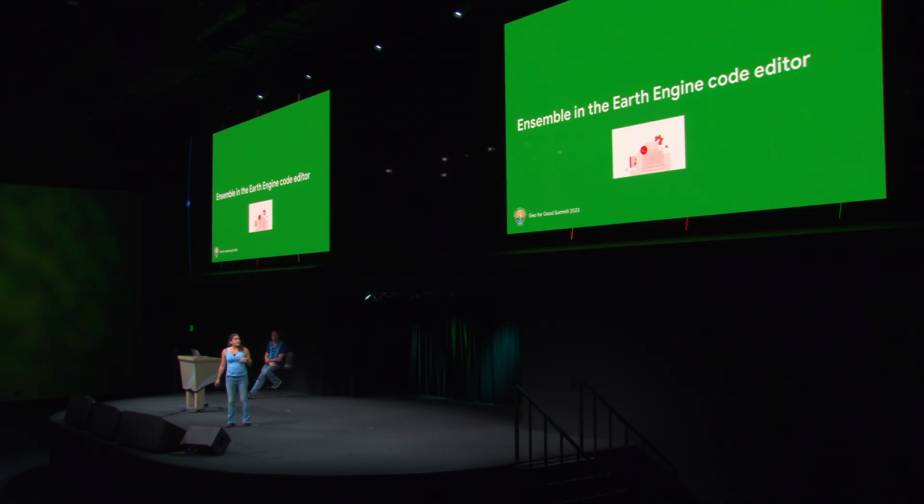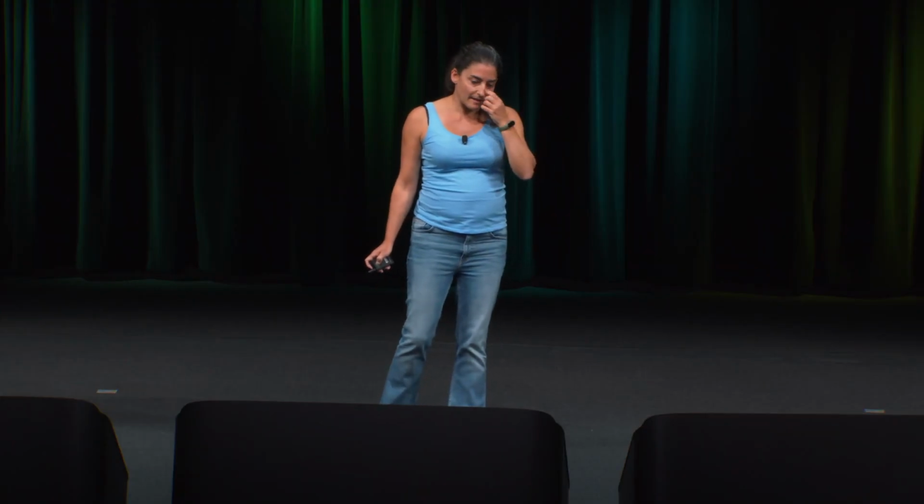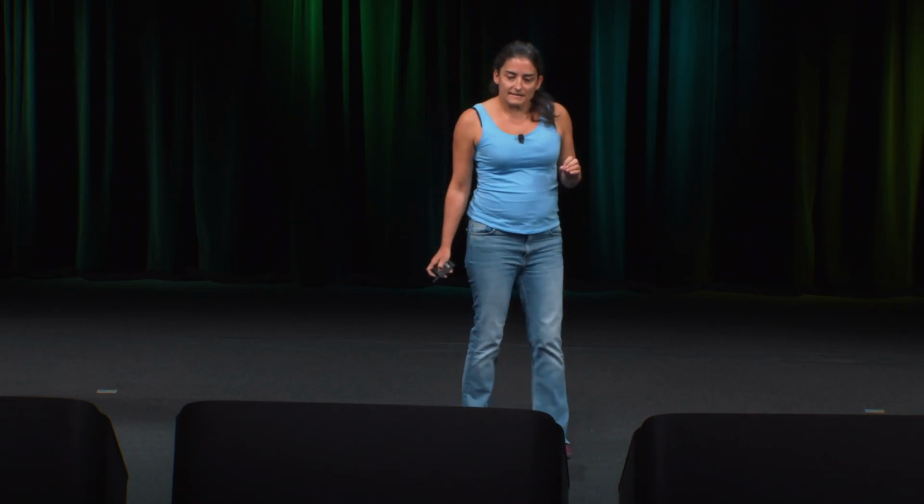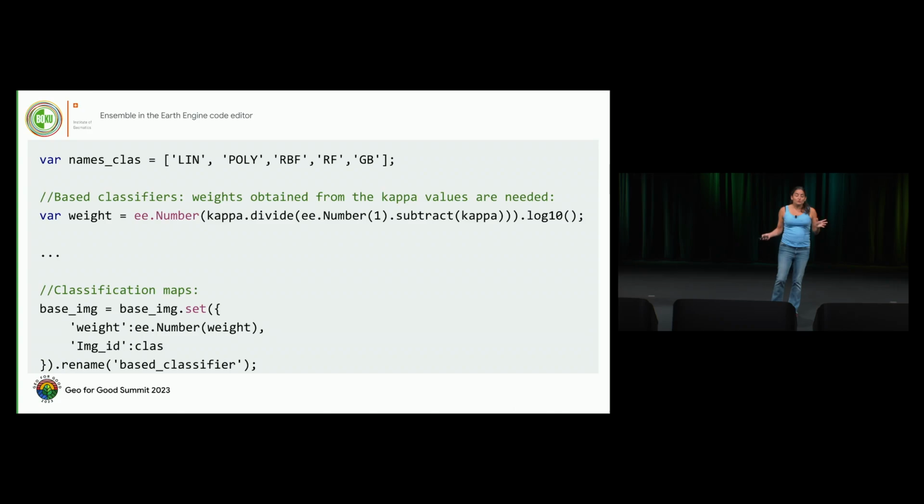I prepared a demo that I'm going to show you later, but in this part of the presentation, I'm going to highlight the important steps that we need to do in the Earth Engine code editor. The demo is going to be split into 2 scripts. One of them is going to focus on the base classifiers. As Noel explained before, it is necessary to train the different types of classifiers.